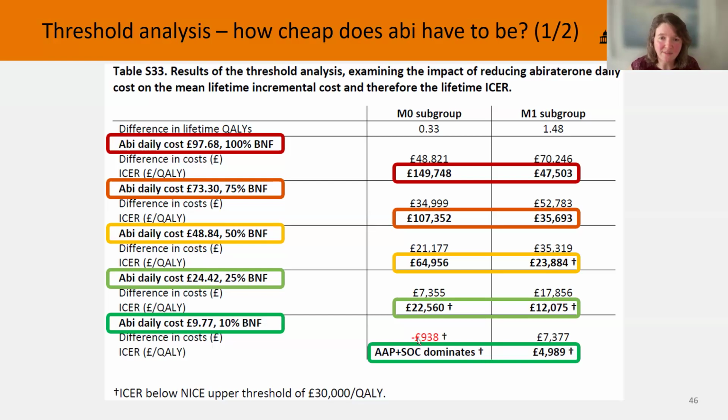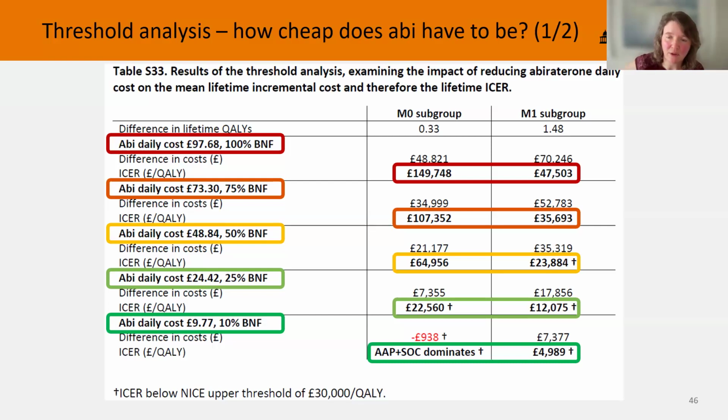In the non-metastatic subgroup, you can have a negative difference in costs. So the abiraterone arm would dominate. It would be cheaper and better if the cost is down to 10%. Happily, abiraterone is now generic, and the cost is around there. So fortunately, this is happening, which is nice.